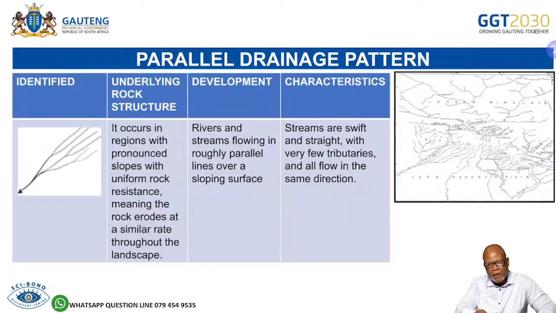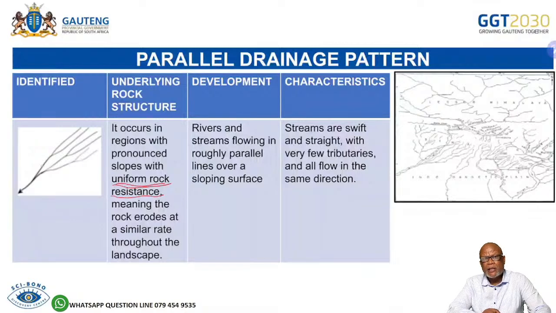This one occurs in regions with pronounced slopes with uniform rock that have got uniform resistance, just like in the dendritic pattern, but here the slope will be steeper, because when the slopes are steeper, the water channel is not going to spread a lot. It's going to follow a single channel. So that is why now it becomes parallel to each other.